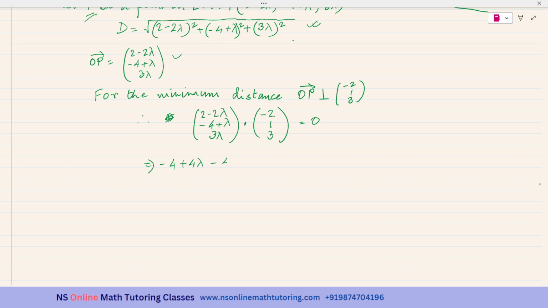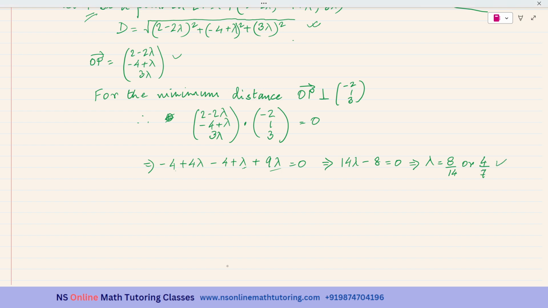Similarly, minus 4 plus lambda times 1 is minus 4 plus lambda, and 3 lambda times 3 is plus 9 lambda equal to 0. So 4 lambda plus 1 lambda is 5 lambda plus 9 lambda is 14 lambda, and minus 4 and minus 4 is minus 8. So 14 lambda minus 8 is equal to 0, or lambda is equal to 8 over 14 or 4 over 7.